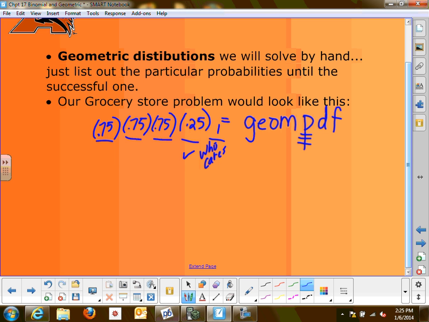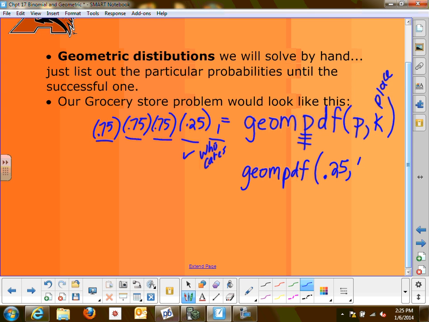A particular place. The particular place I want is the 4th place. So you need to put the probability and then the place of the success. So in this case, you're going to go geometric PDF, and the numbers you would put in here are 0.25, and I want that to occur in the 4th spot.